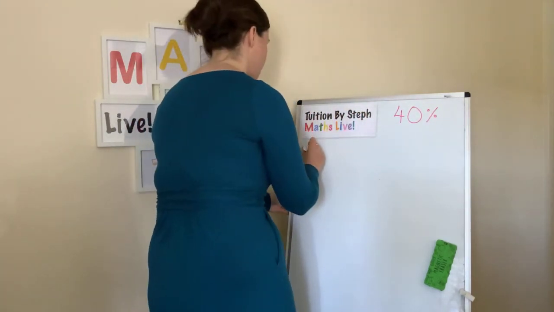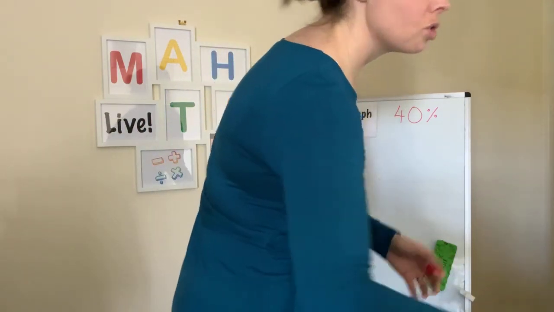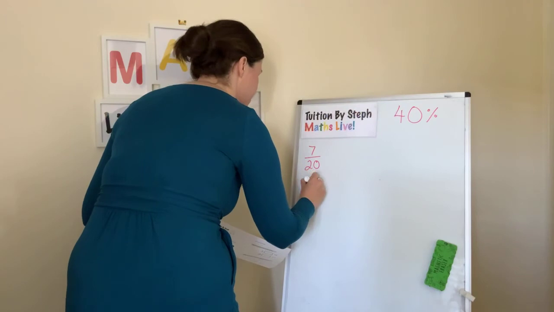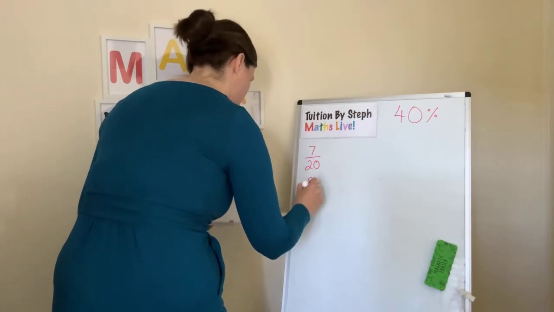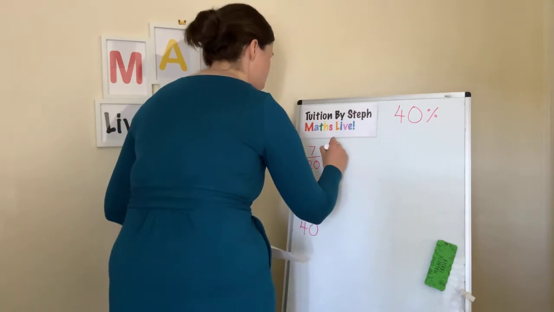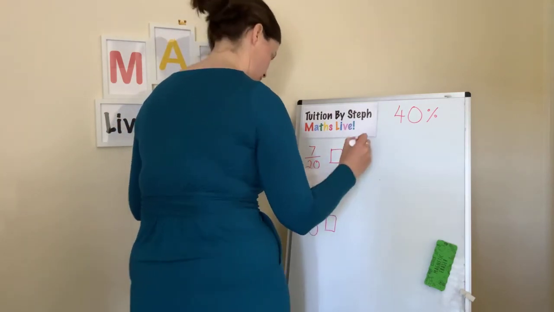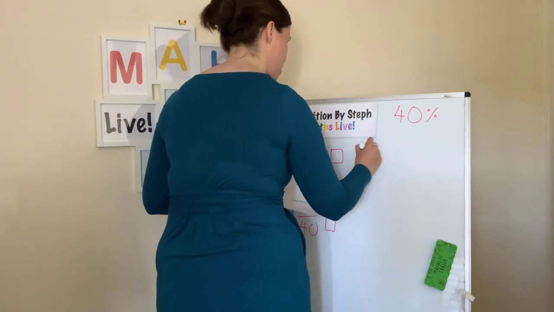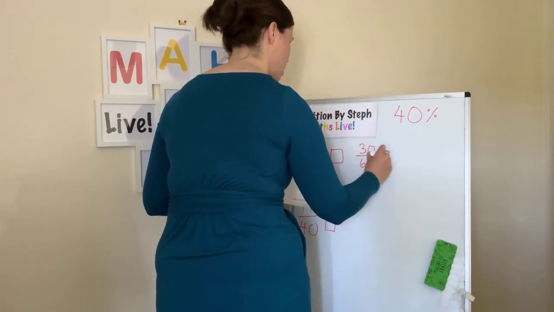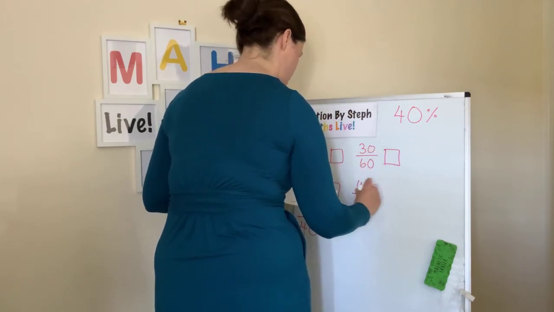And we've got 7/20. We've got 2/5. We've got 14/40. So I'm just going to put symbols here, like a tick box, so you can just see the difference. We've got 30/60. And we've got 40 over 100.